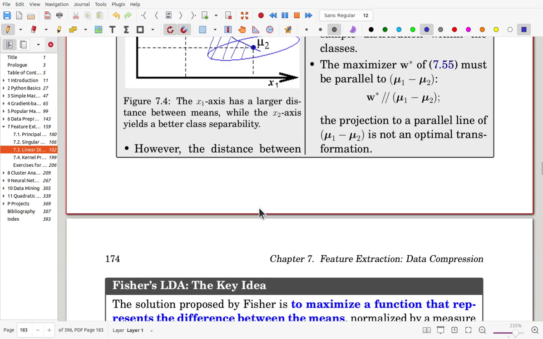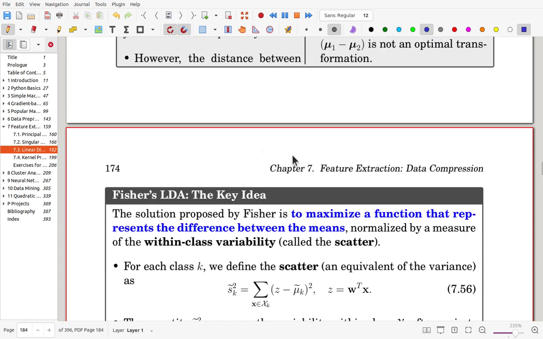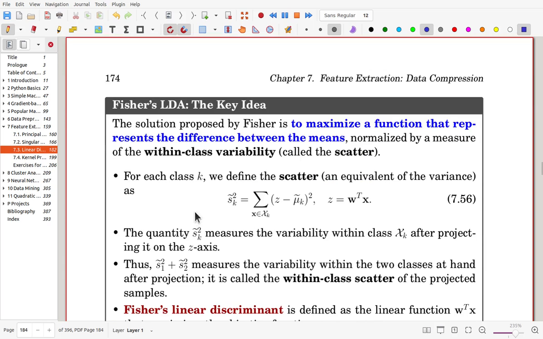To avoid that, Fisher proposed a solution. We try to maximize a function that represents the difference between the means, but normalized by a measure of within class variability.